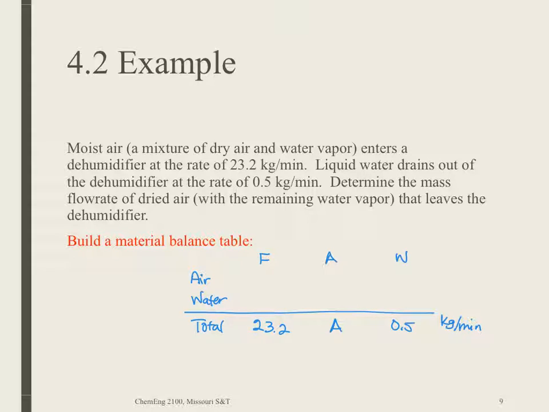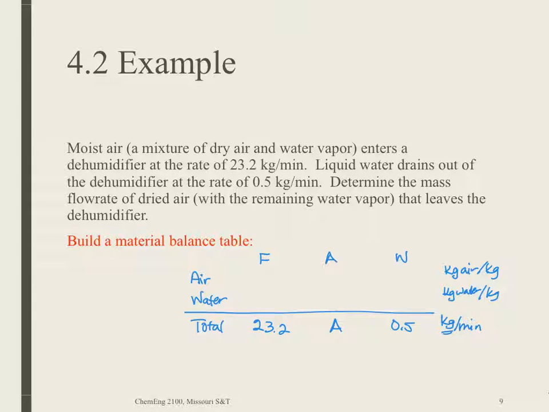Now, up here would be where I would list about the components. I could choose to do these all sorts of different ways. It's not really necessary for this problem, but let me just do these in kilograms of air per kilogram total. I'm using mass flow rate, so I'll use mass fractions, and kilograms of water per kilogram of dry air.